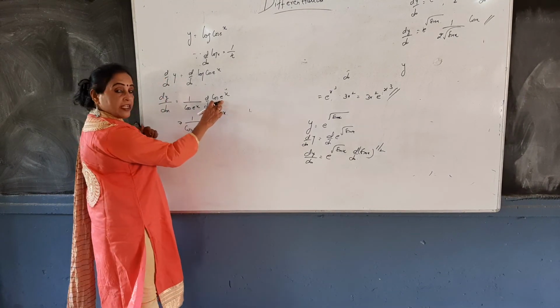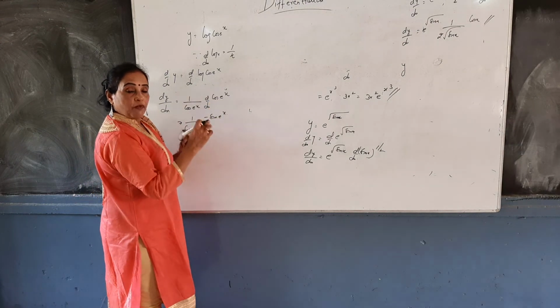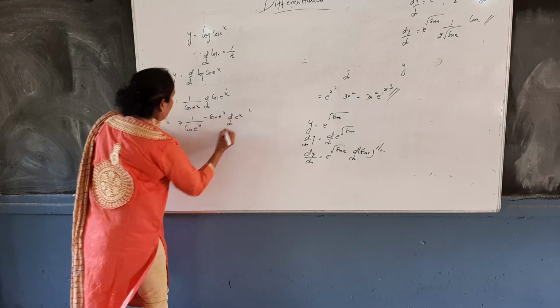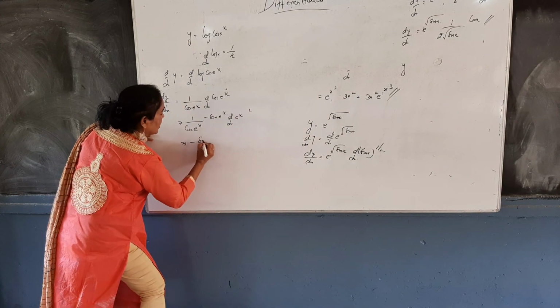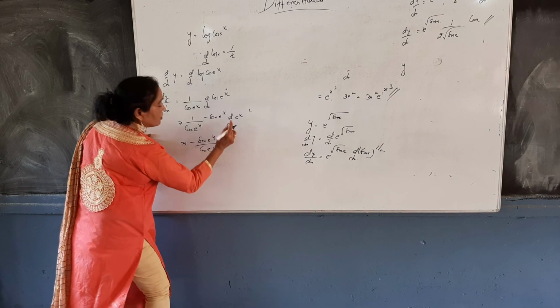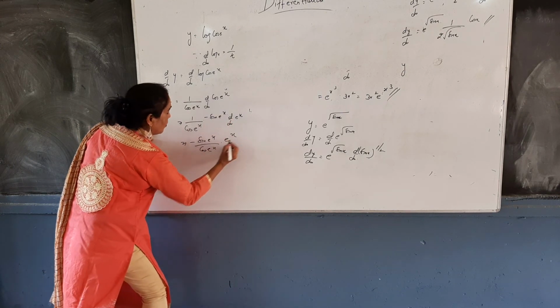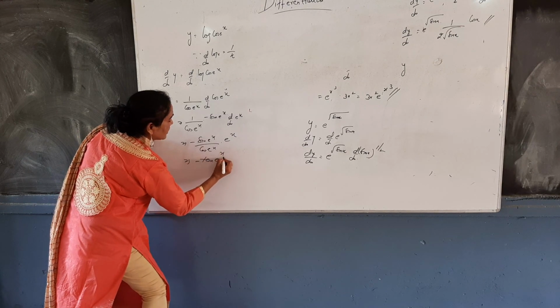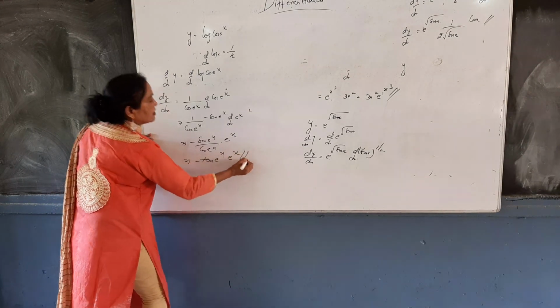And here e to the x is also a function, meaning it is a function of a function, so into d by dx of e to the x. Further, it will be minus sin e raised to power x upon cos e to the x into d by dx of e to the x, which is e to the x, so the result is minus tan e raised to power x into e raised to power x. This is our result.